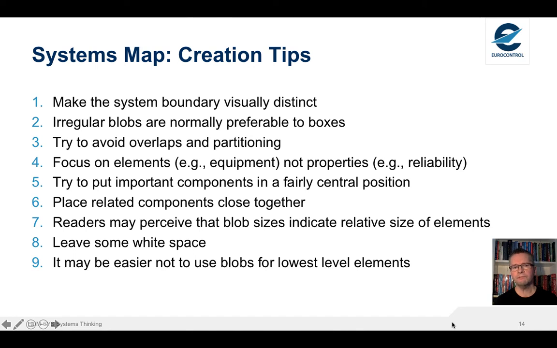Remember that readers may well perceive that blob sizes indicate the relative size of the elements, so just pay some attention to that. Leave some white space as well. That gives you some flexibility, and it also makes it easier on the eye. And as I mentioned earlier, it may be easier not to use blobs for the lowest level elements, especially when you're doing this digitally. It will probably give you a bit more space to work with.